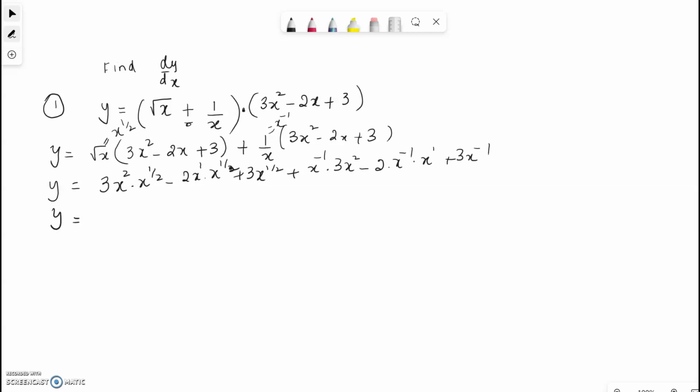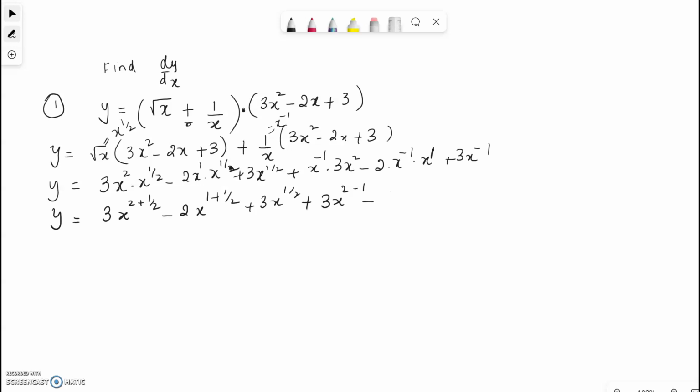So we have y equals 3x to the 2 plus half, minus 2x to the 1 plus half, plus 3x to the half, plus 3x to the 2 minus 1. We are simply adding the exponents.